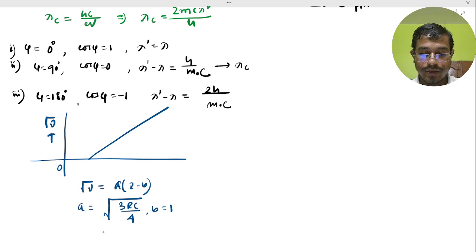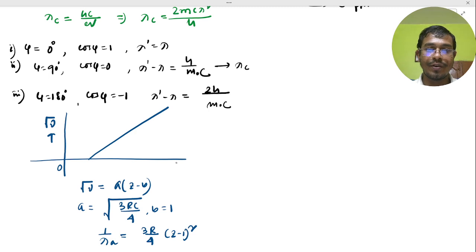And 1 by lambda is equal to 3R by 4 into Z minus 1 whole square. And another important point, this is root nu, and on the x-axis is the position number of the element.